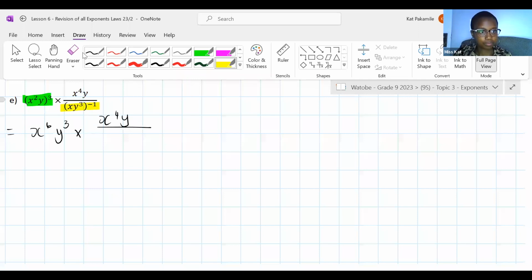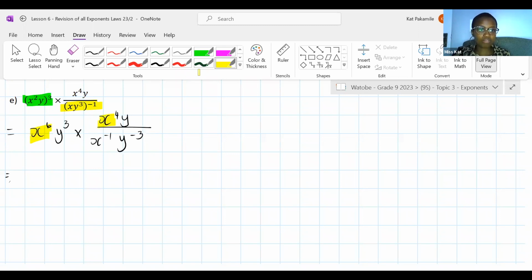So now we will have to distribute the -1, and then it'll be x to the power of -1, y to the power of -3. And then in this case, both of the variables have negative numbers, so we will have to move them.